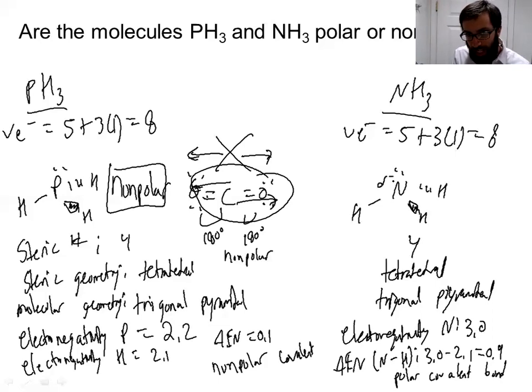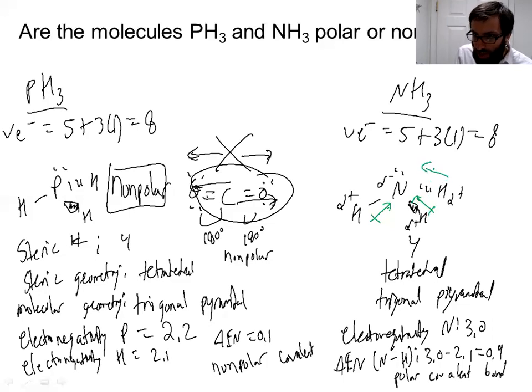So we put a delta, that's a lowercase d in Greek, okay? Delta negative for nitrogen is the more electronegative one. And all these are going to have delta positives. The hydrogens are losing out on the tug of war. And we can draw an arrow in the direction of the electron density. So we have these three arrows.